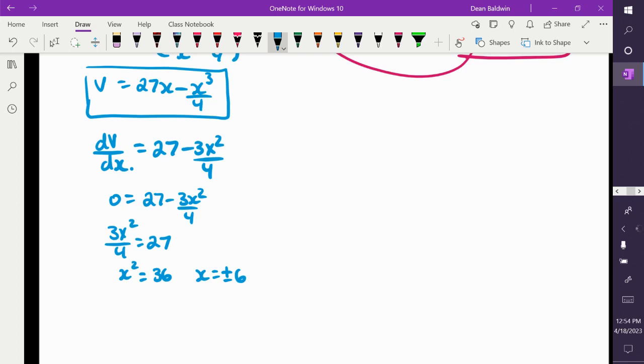So we get x is equal to plus minus 6. Yeah? Does negative 6 make any sense here? No, because we're doing measurements, right? So we're just going to ignore the negative 6. Therefore, we're using x is equal to 6. Okay.